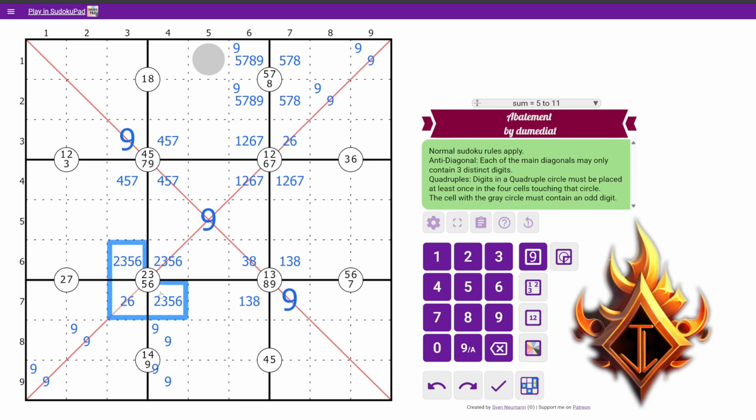Now we're doing the same with this quadrant and this quadrant, because 2 and 6 are the only ones that would be able to be here. So those end up being kind of like a 2-6 quadruple, if you will. So these can no longer be 2-6. These can no longer be 2-6.